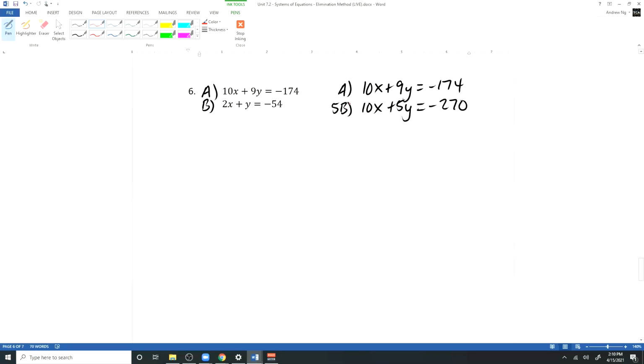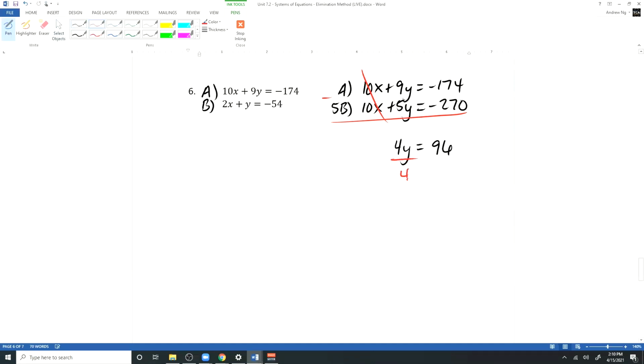So same sign, subtract. X's will cancel. 9y minus 5y, it will be 4y. And then negative 174 minus negative 270 is going to be a positive 96.